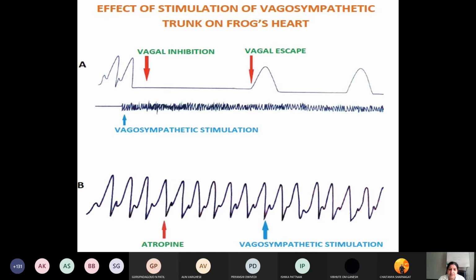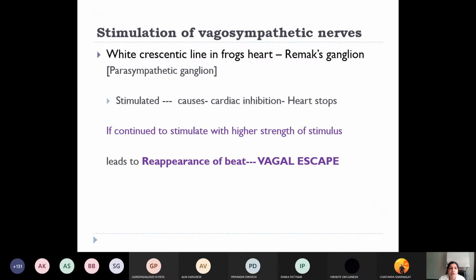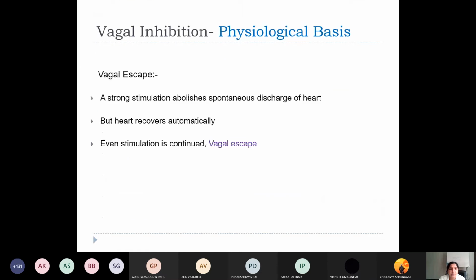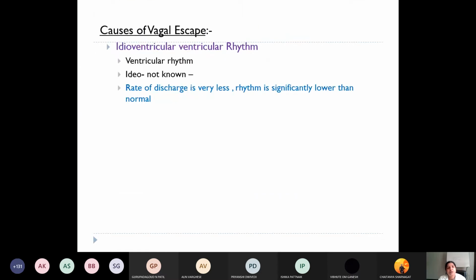So the beats we are seeing here are generated by the ventricle as a pacemaker tissue, right? That is why it is called idioventricular rhythm, right?